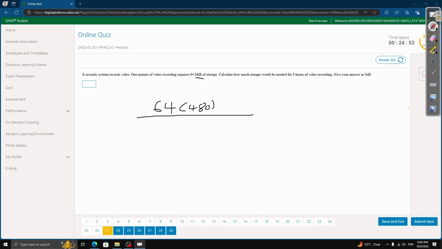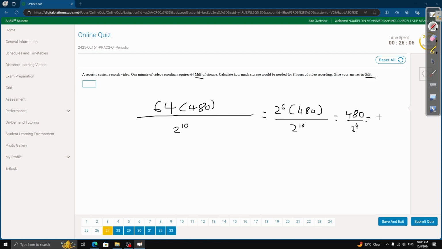However, you'll get this answer in megabytes. You want it in gigabytes. And you know that to go from megabytes to gigabytes you need to divide by 2 to the power of 10. You can represent 64 as 2 to the power of 6, so it is 2 to the power of 6 times 480 over 2 to the power of 10. Using the identities of exponents, you can then say that 480 over 2 to the power of 4 is our answer. You can further simplify by factorizing 480.